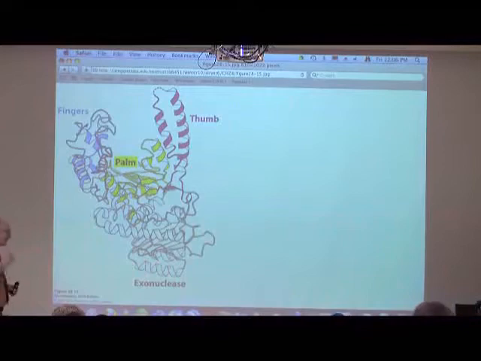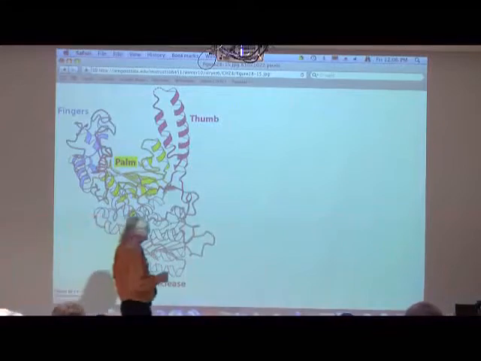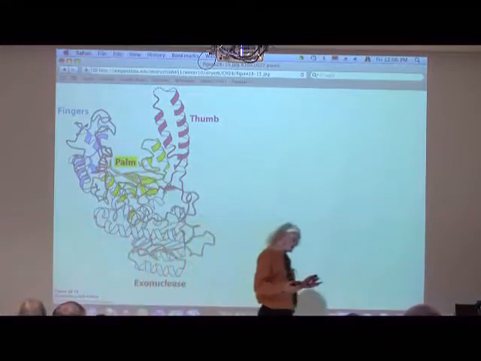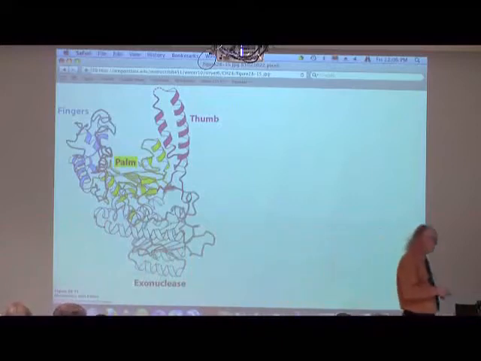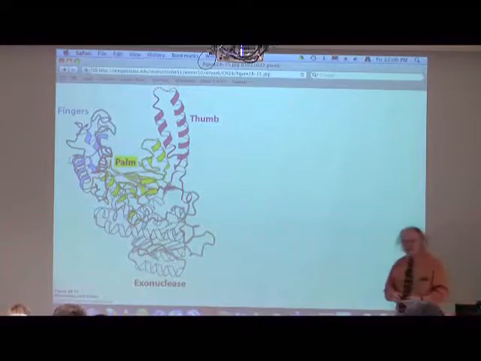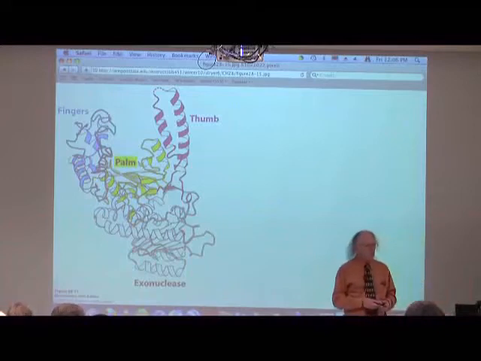The pioneering work done in determining the structure of DNA was done by a man named Arthur Kornberg, who was a researcher at Stanford University, who began looking for enzymes that helped to duplicate DNA.